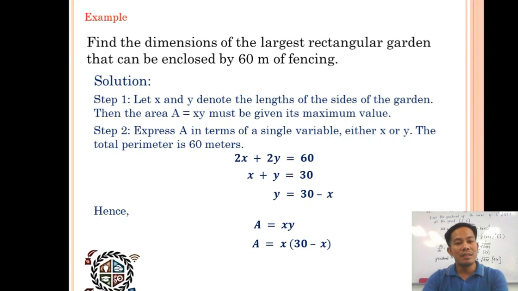Next, since ito na yung equation ko for area, area now is equal to 30x minus x squared. So this is now my equation for A. Ang problema ko ngayon, Mr. Mars, ano na yung length, ano na yung width? Okay. Kailangan marunong kang mag-graph ng quadratic function.